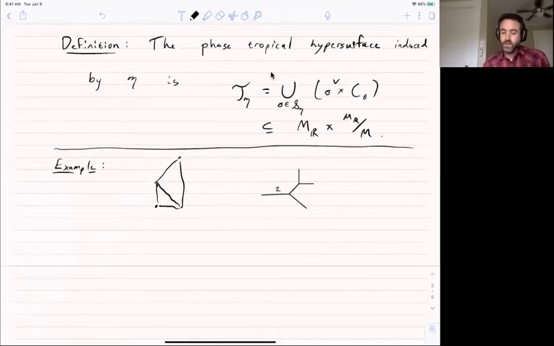So the phase tropical hypersurface, of course, admits a map just projecting to the first factor. So you can project to the tropical hypersurface, not just the subdivision.